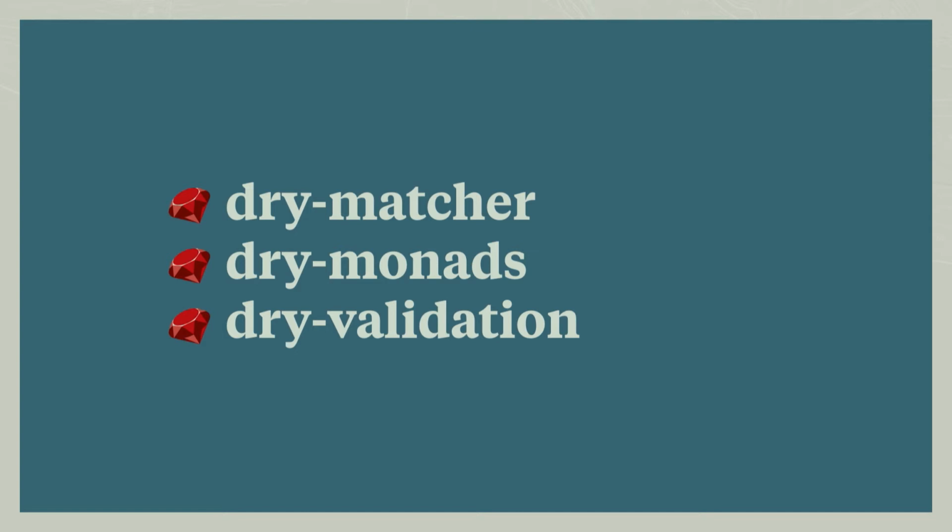Dry matcher and dry monads let us handle our operations consistently in our routes by returning rights or lefts and matching on that result. Dry validation lets us perform sophisticated validation on our input data so that we can handle invalid input before it gets anywhere near our database.